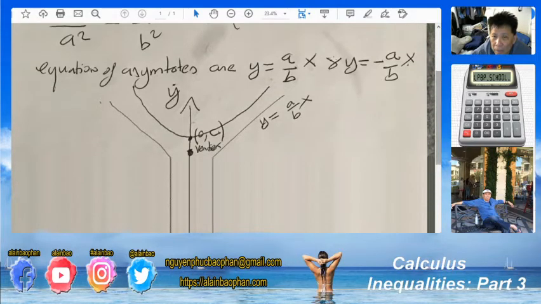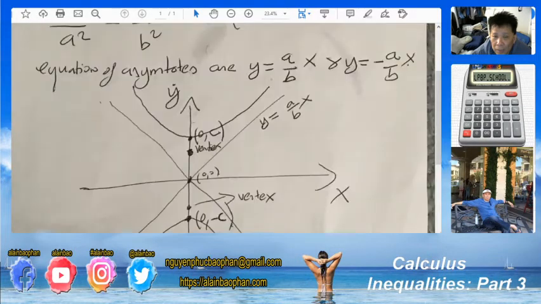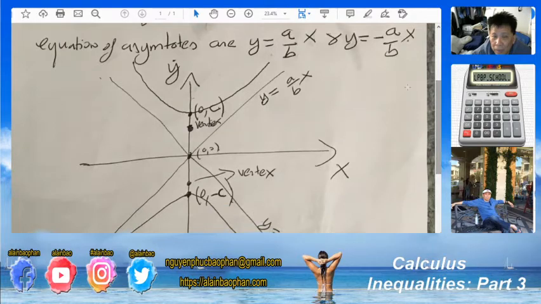In this case right here, the asymptote will be y equals a over b times x, and the negative asymptote will be y equals minus a over b times x. The foci will lie on the y-axis.